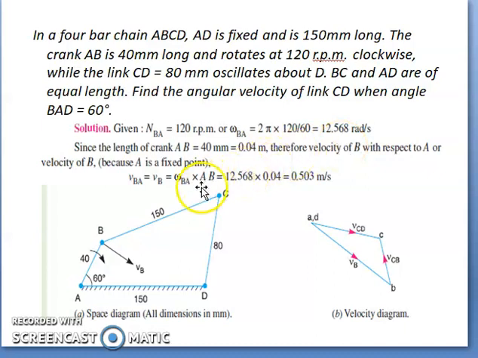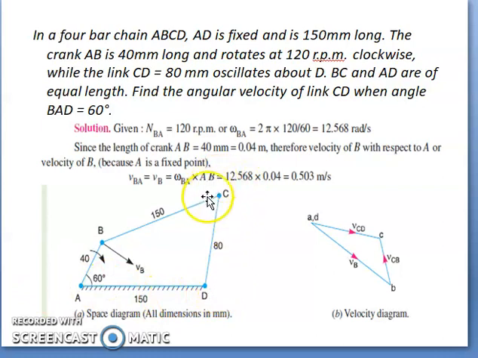After finding omega, multiplying it by the length of the link AB, you get the velocity of B vector. The magnitude of the B vector is 0.503. Take a suitable scale to represent the velocity vector. Let us assume that 1 centimeter is equal to 0.1 meter per second. Then AB will be equal to 5 centimeters. So we know the magnitude as well as the direction of the velocity of B with respect to A.